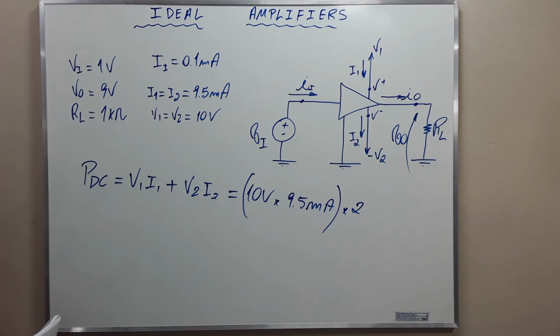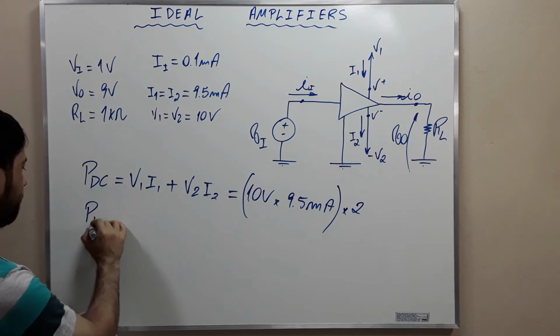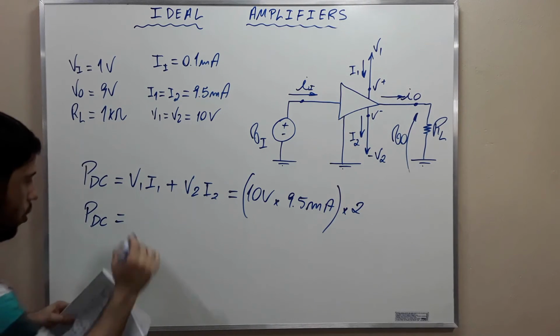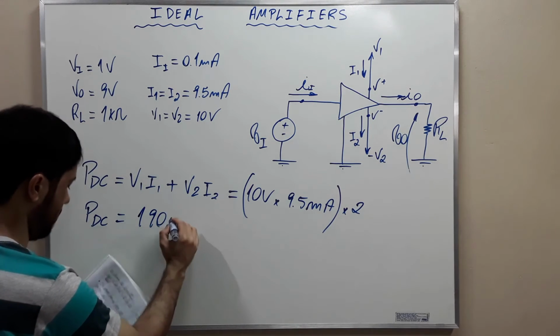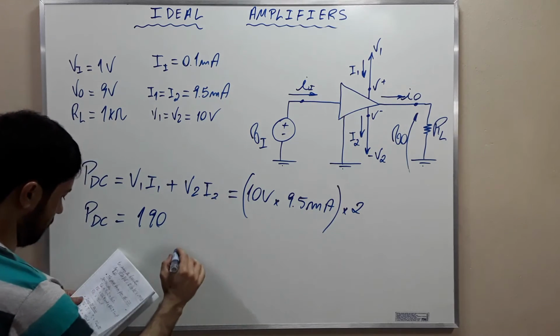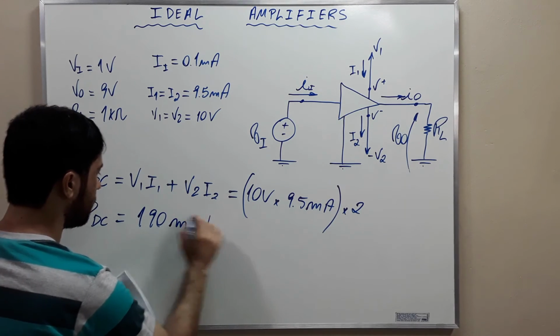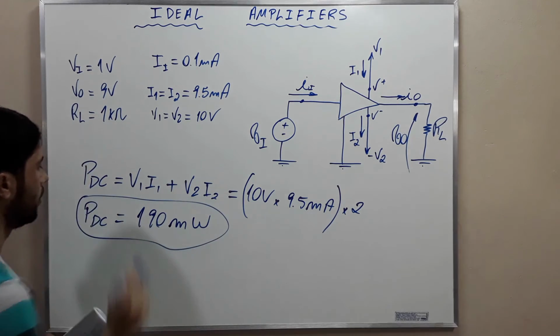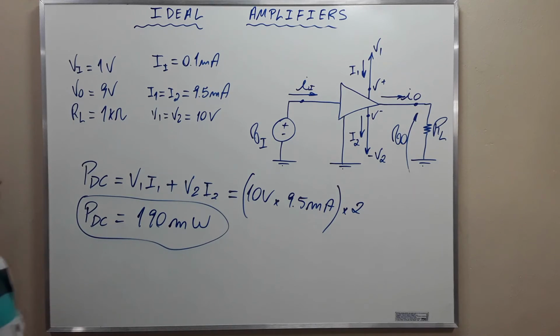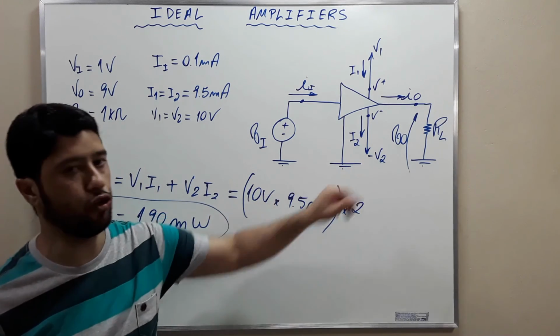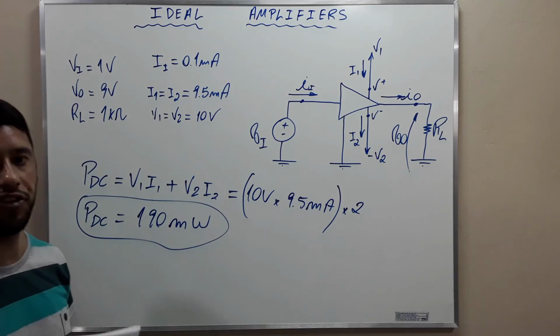Okay? Very good. And now we find 190 milliwatts. So this is the power that the DC supplies give to the circuit.